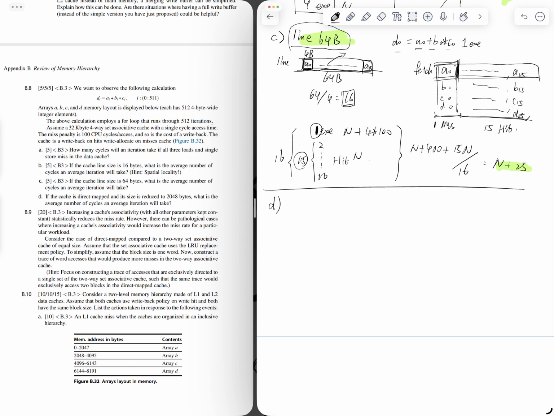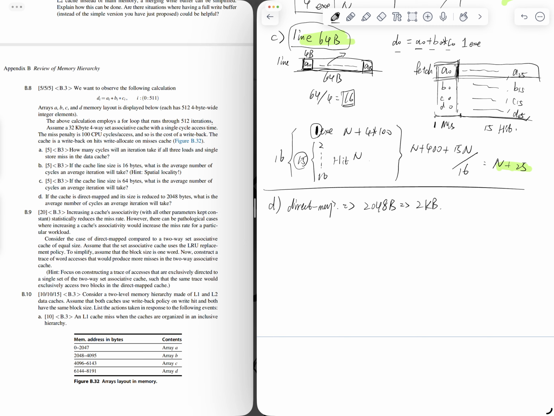Let's go to part D for this B8. It says it's a direct map and the size is reduced to 2048 bytes, you can say 2 KB. What is the average number of cycles an average iteration takes?